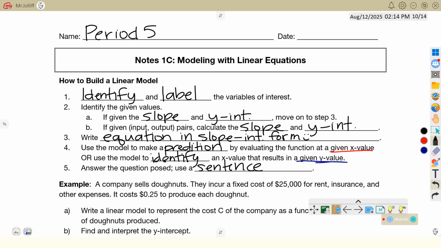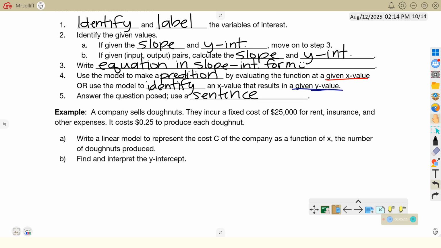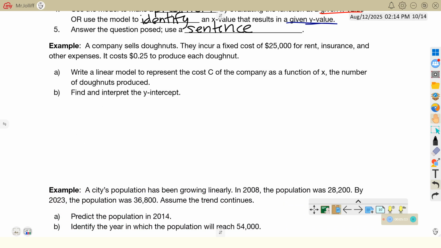So let's do the first one together. First one says a company sells donuts. They incur a fixed cost of $25,000 for rent, insurance, and other expenses. It costs 25 cents to produce each donut.